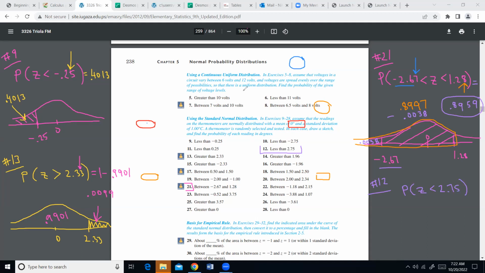I must pick the place of hundredths. So to pick the place of hundredths and find the area to the left from 2.75. So that's going to be the area that tables always provide me with, area from number to the left.